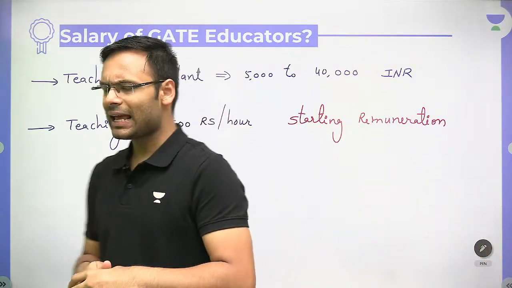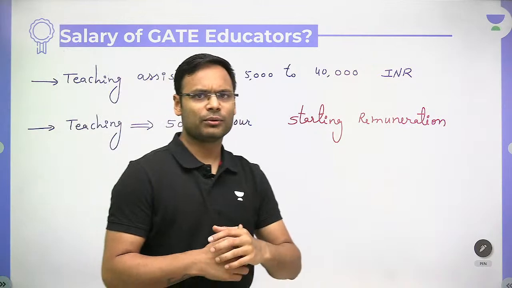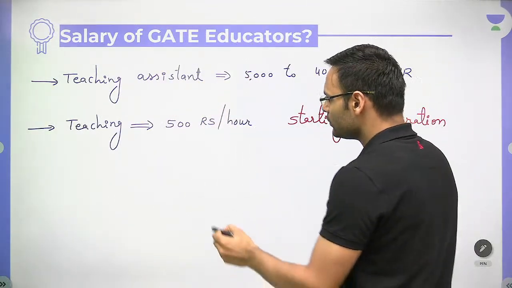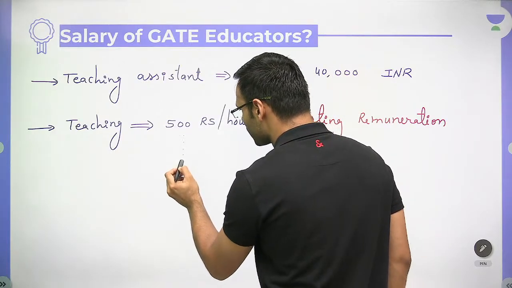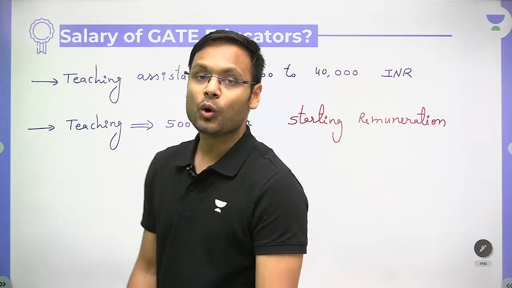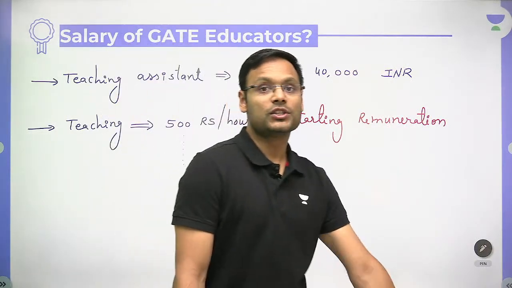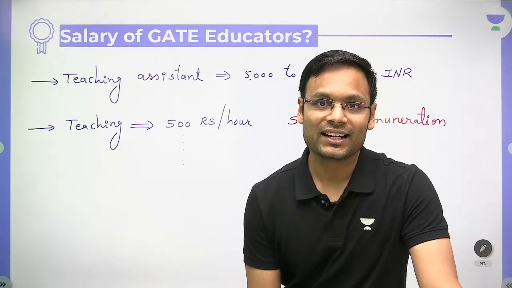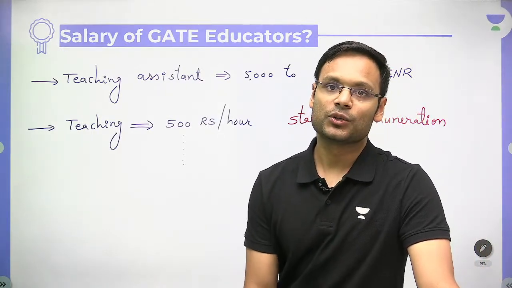Next comes what happens after the starting remuneration. How far can it go? It depends on you, how good you are in the industry, what your name is in the industry, and what exactly you are giving to the institution.